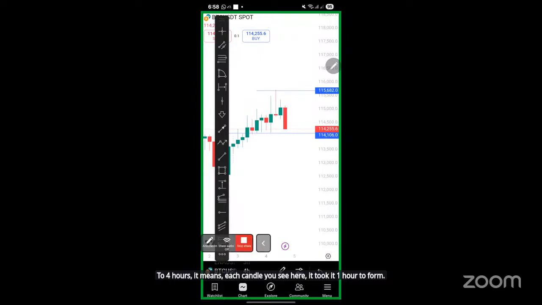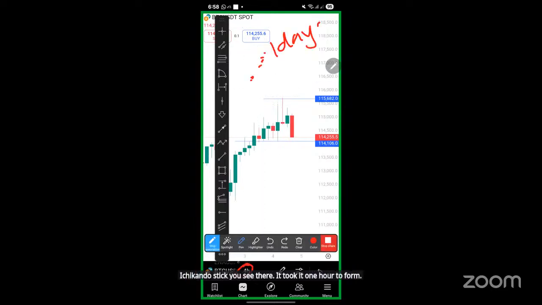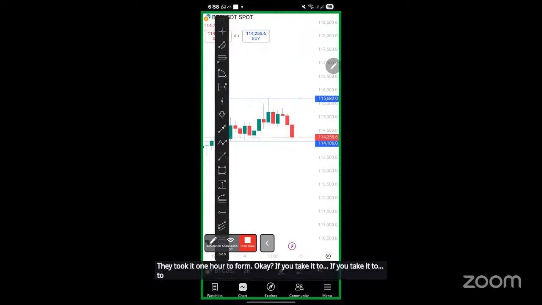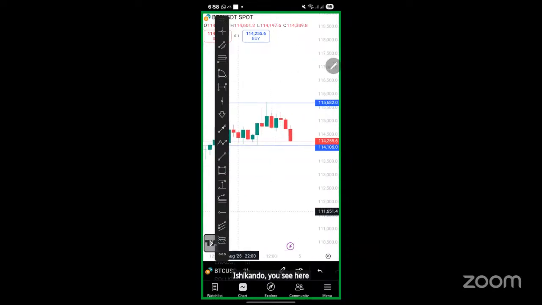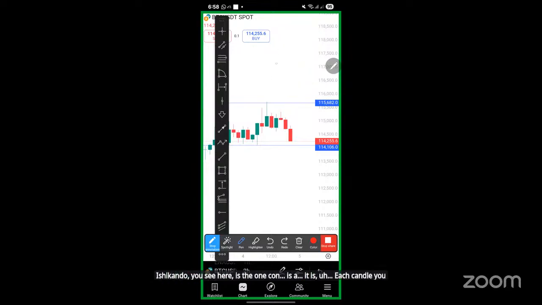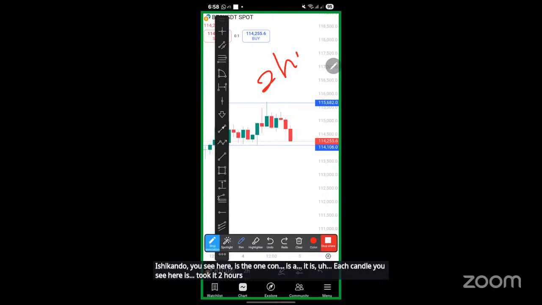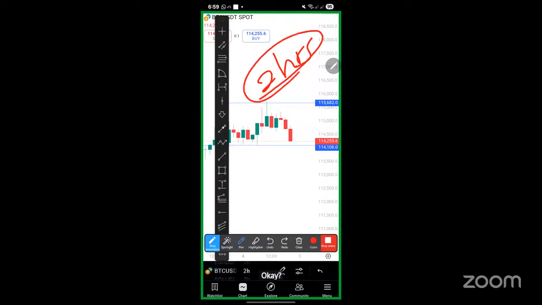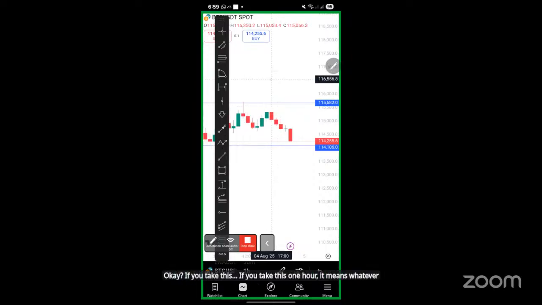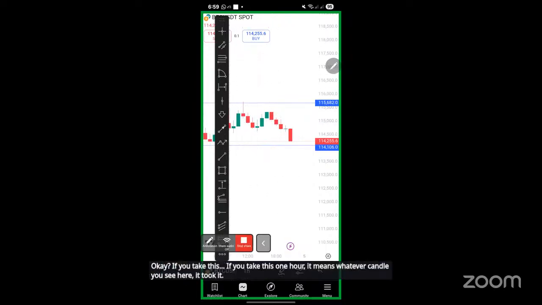If you take it to 2 hours, it means each candle you see here took 2 hours to form. Okay? If you take this to 1 hour, it means whatever candle you see here took 1 hour to form.